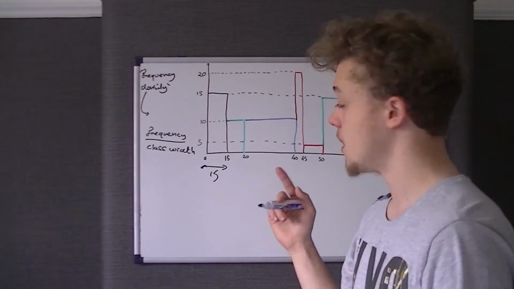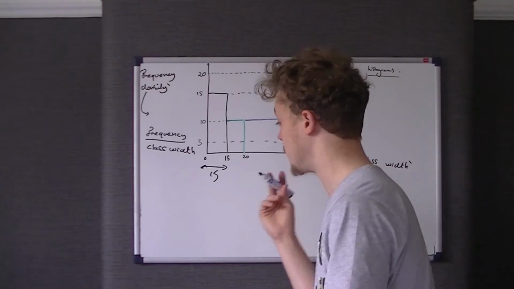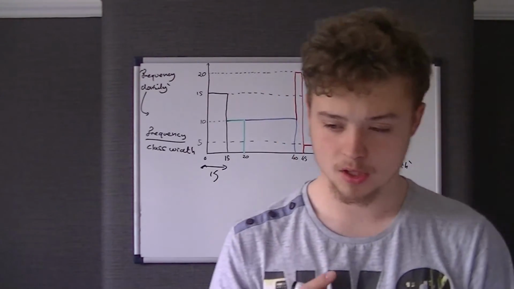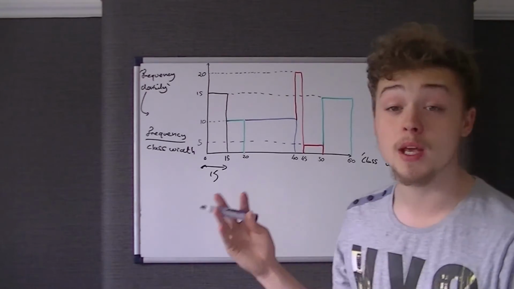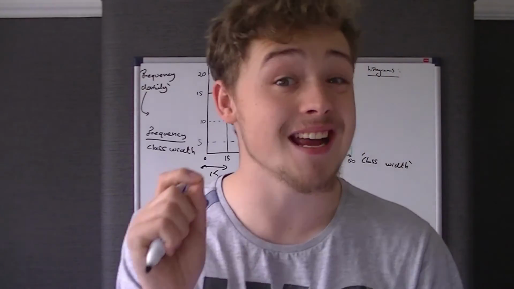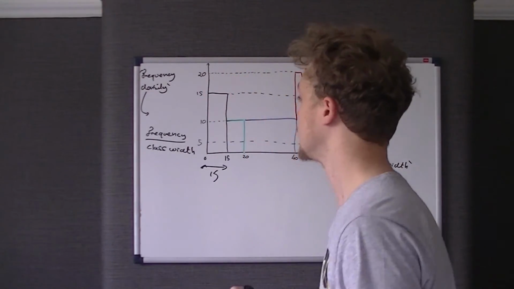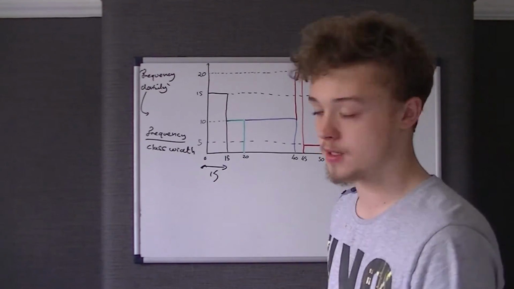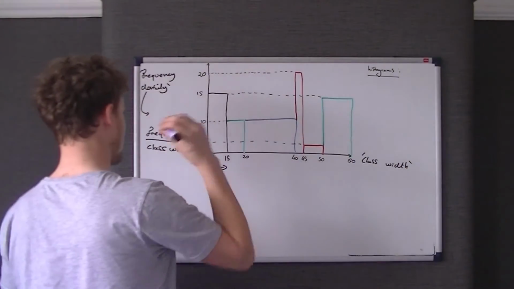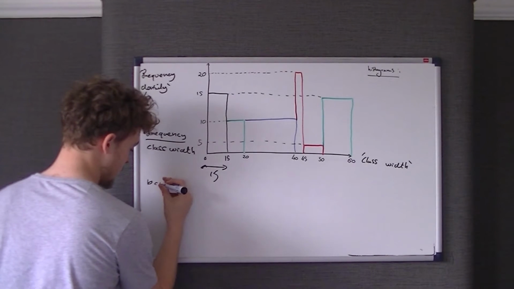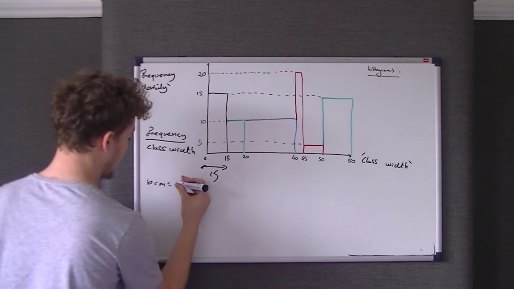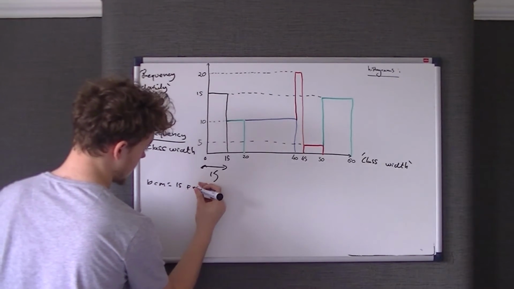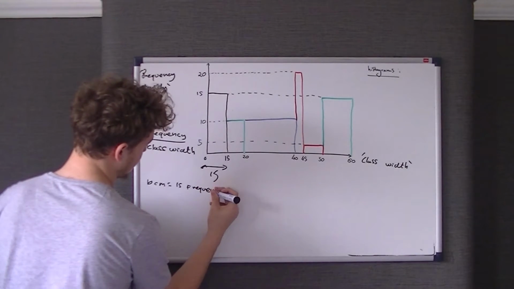They say this class, the 0 to 15 class, has a frequency density of 15, and it has a height of 10 centimetres. So straight away, we know that 10 centimetres in height is equal to 15 frequency densities. If that makes sense.